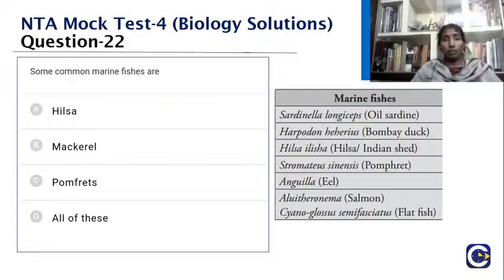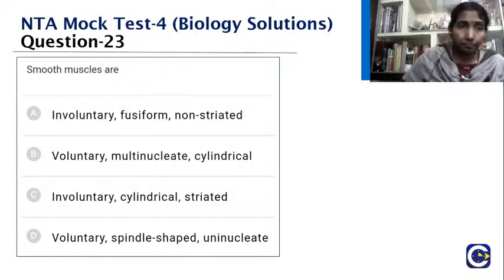That is Sardinella longiceps, Harpodon nehereus, Bombay duck, hilsa, Stromateus sinensis, pomfret, Anguilla, and flatfish, which is Cynoglossus semifasciatus. All these are common marine fishes. So hilsa, mackerel, pomfrets are all common marine fishes.